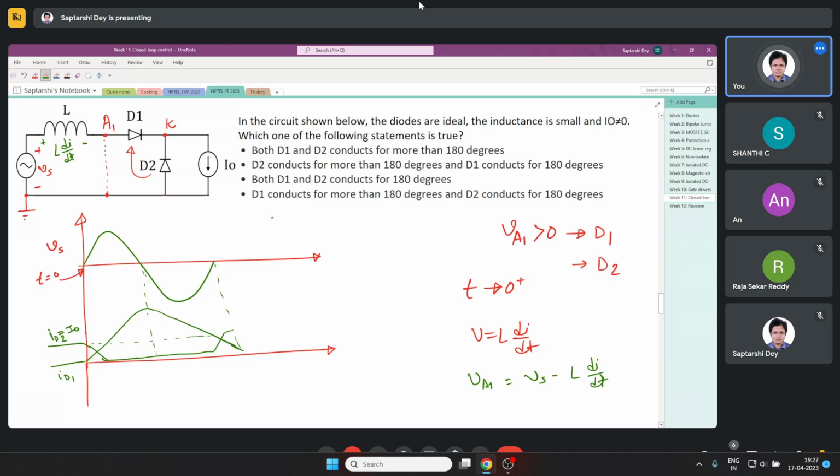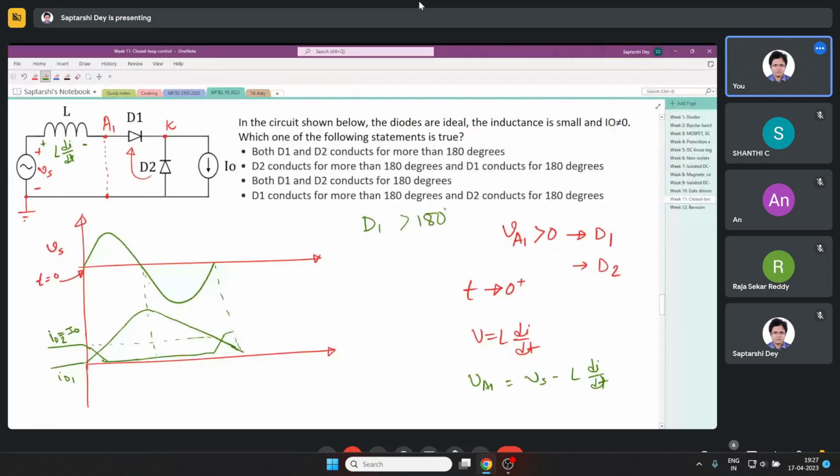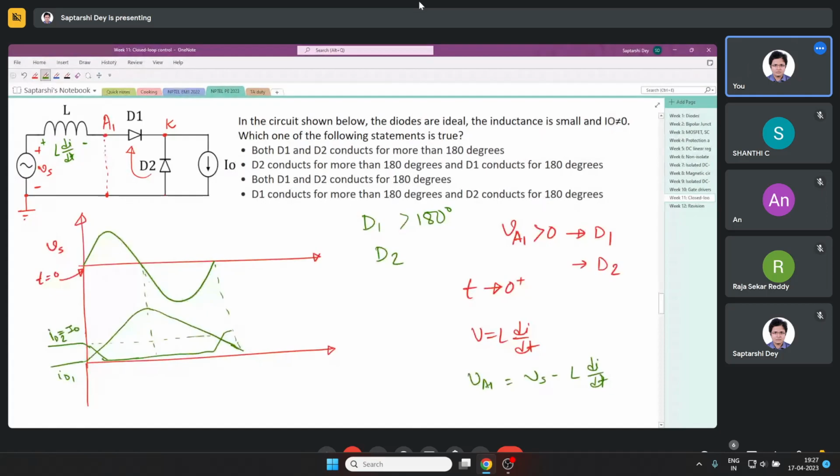I can see that D1 will conduct more than 180 degrees, but what about D2? Can we say anything about it?